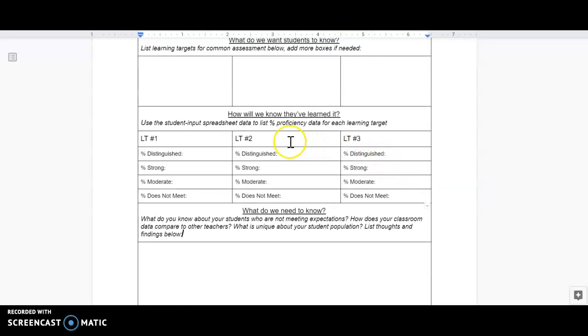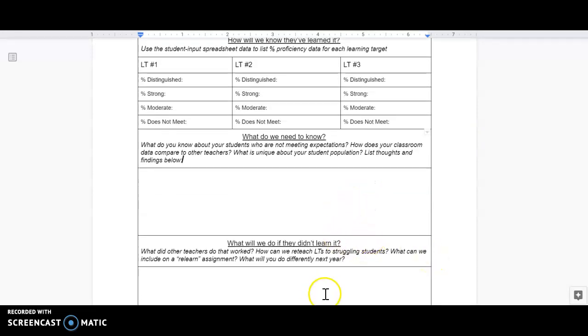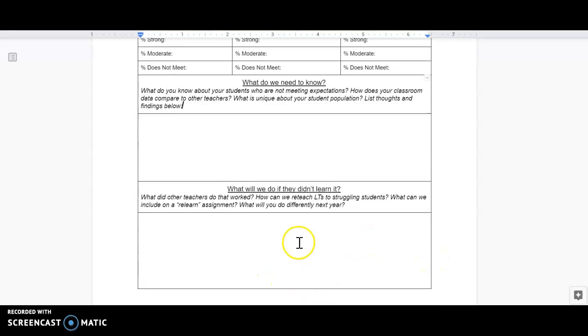We could even take out the learning target section and put in MAP data from year to year, or, like we use the CMAS here in Colorado, it could be based on state assessments. And same thing, what do we know about our students? How do we take this data and use it how we need to?